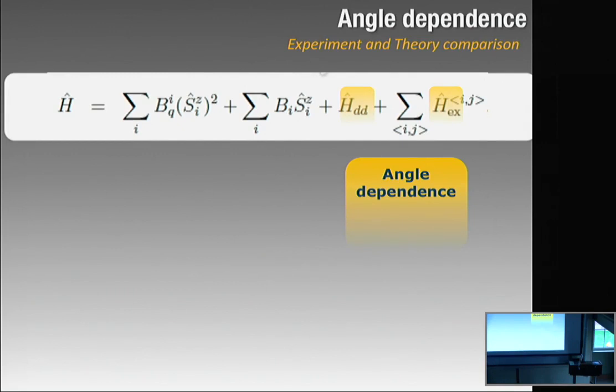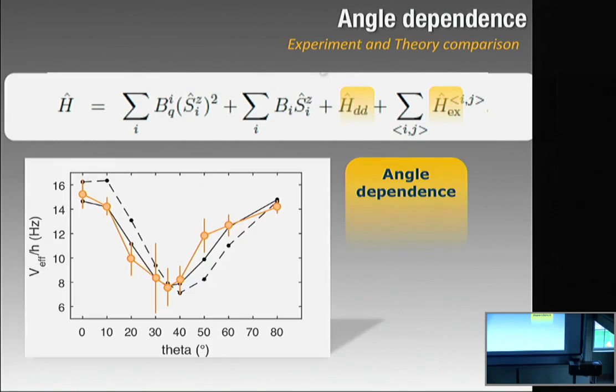I want to make a little comment: the super exchange interaction depends on the nearest neighbors, just the next one, while in the case of dipolar exchange interaction the diagonal terms also play a role. So geometrically, the angle dependence should be different if you consider both terms or just one.